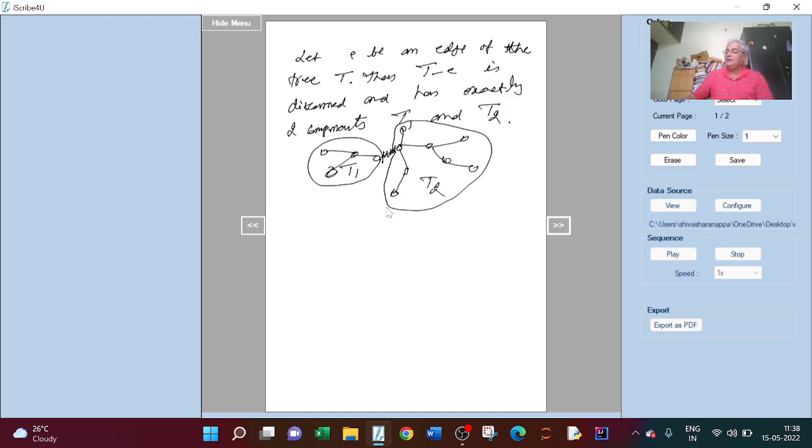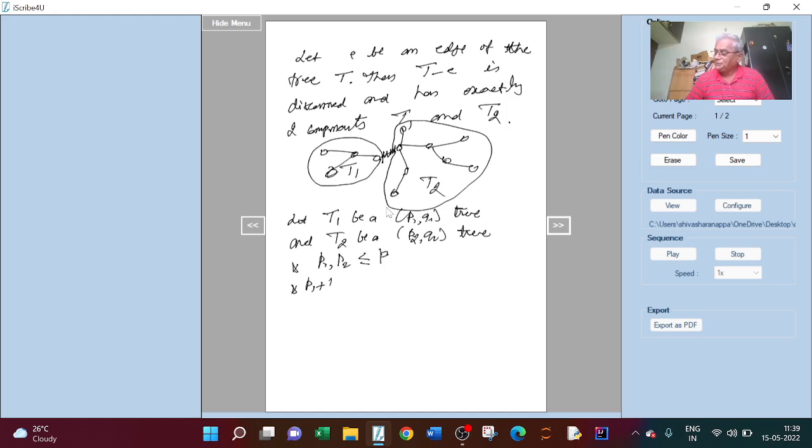So two components T1 and T2: let T1 be a P1 Q1 tree and T2 be a P2 Q2 tree, and here P1 and P2 are always less than P.